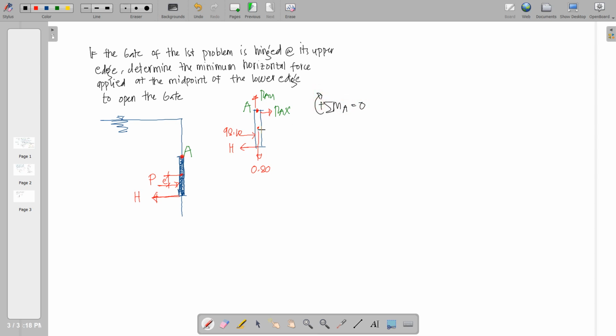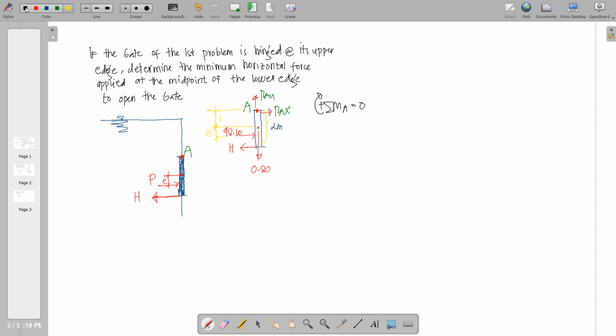We will have certain distances to be considered here. Say the distance of H from A is equal to 2 meters, while the distance of the center of pressure up to this point will be equal to this e value plus 1 meter.